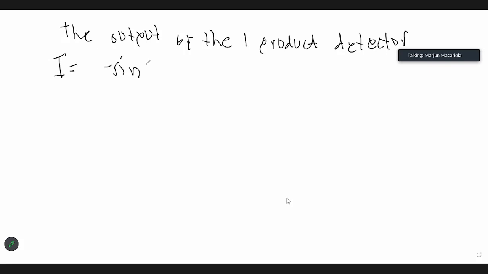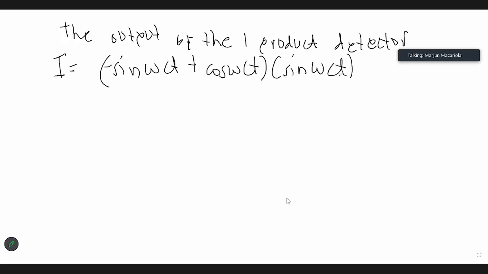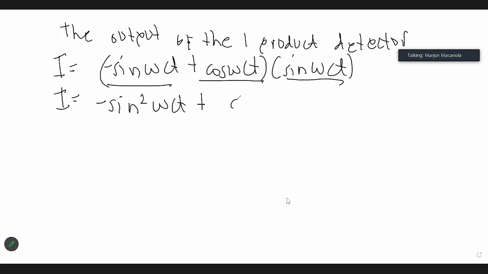Negative sine omega ct plus cosine omega ct multiplied by sine omega ct. Okay? Then, i-simplify natin. So that is negative sine omega ct multiplied by sine omega ct, which is negative sine squared omega ct, plus the product of cosine omega ct and sine omega ct.